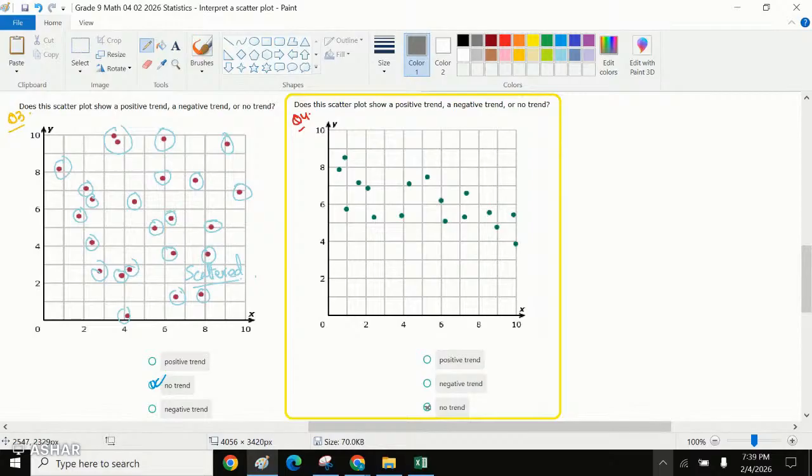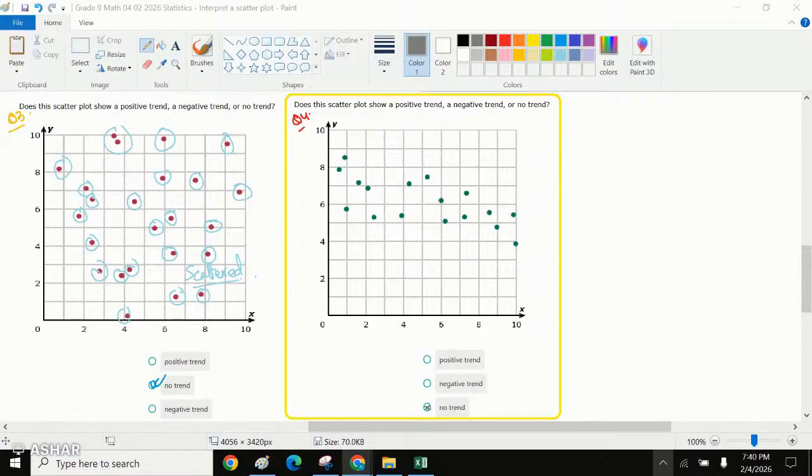What can we do, Bob, over here? We can see a trend, right?